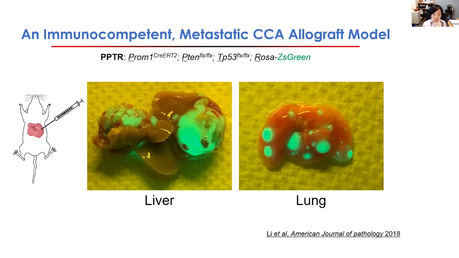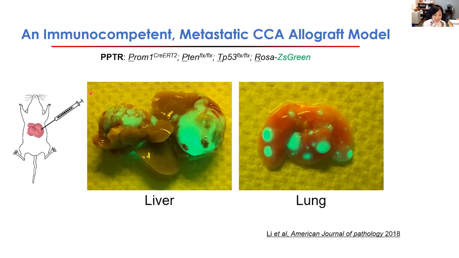So what we did with the genetic models is, once we get the tumors, we take them out, culture them in vitro, and get the cell lines. And then we inject these cells back into an immune competent mouse strain, back into their liver. So then what we have is an allograft model in which we can really track the tumor development.